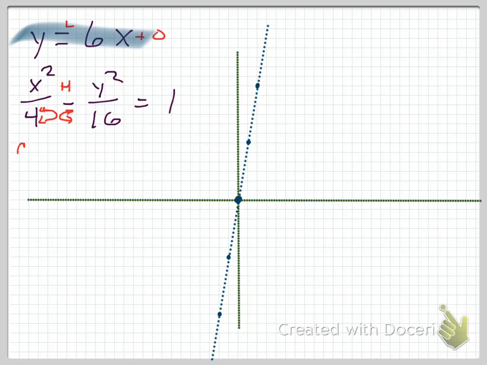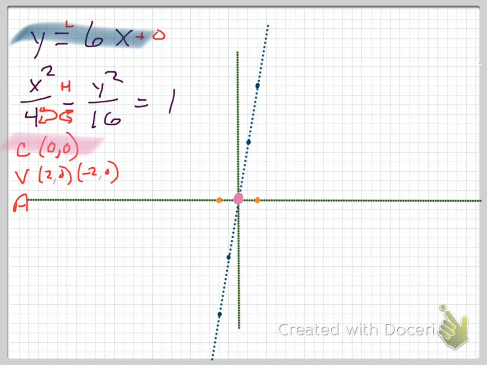So now my hyperbola, my center is 0, 0. Right there. Remember CVA, that's how you graph: center, vertices, asymptotes. And you got to freehand your parabola a couple days ago. That's what we're doing right now. The vertices for a horizontal hyperbola are h plus or minus a, comma k.